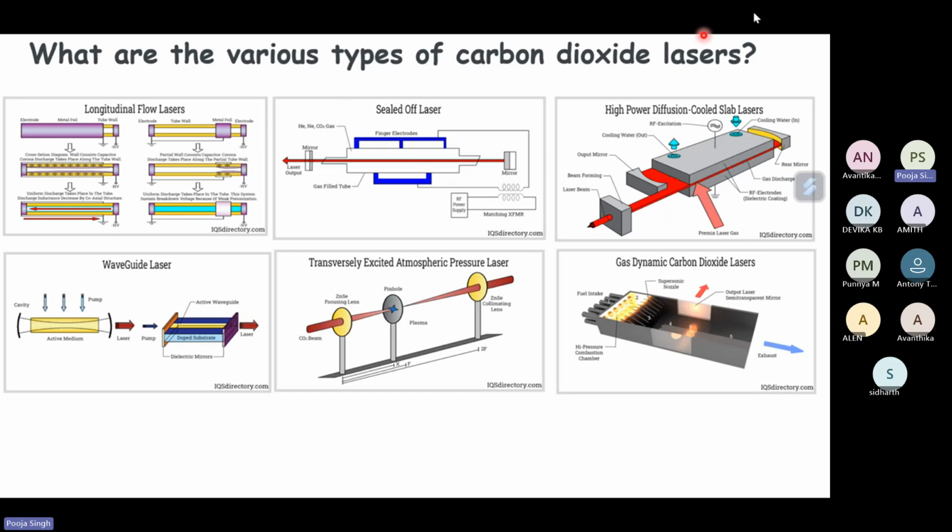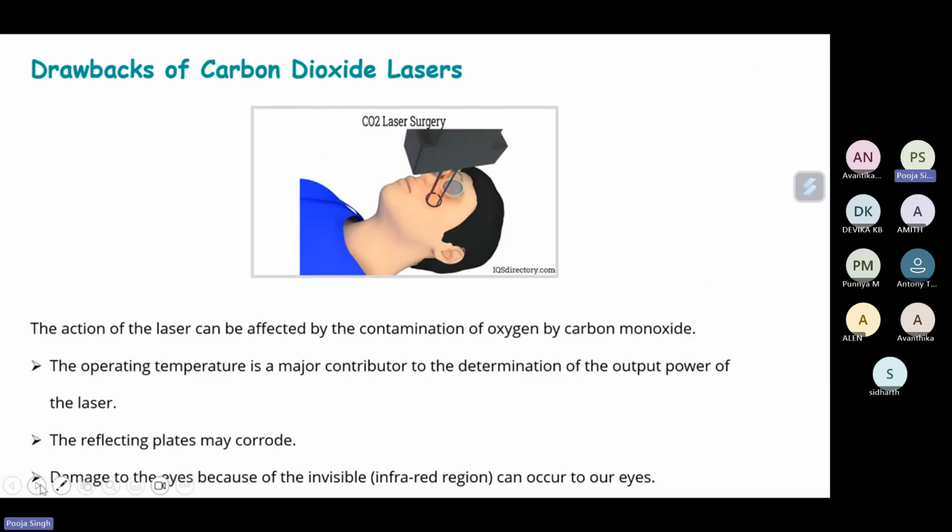Now, what are the various types of CO2 lasers? You can see different kinds of lasers here: longitudinal flow laser, sealed-off laser, high power diffusion cooled slab laser. So for different techniques, different kinds of lasers have already been developed.